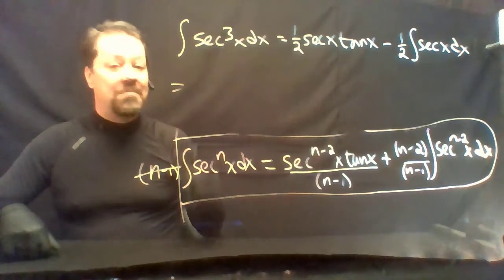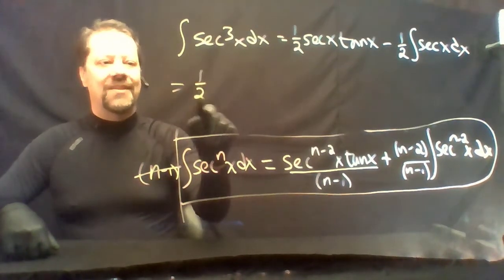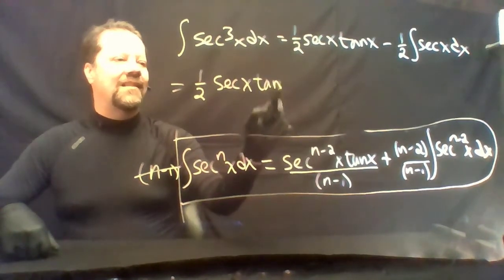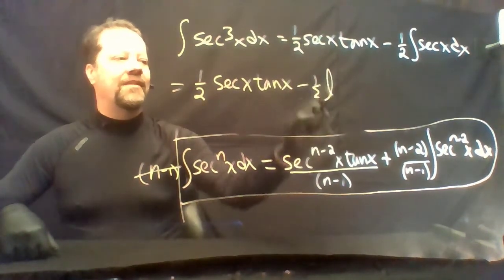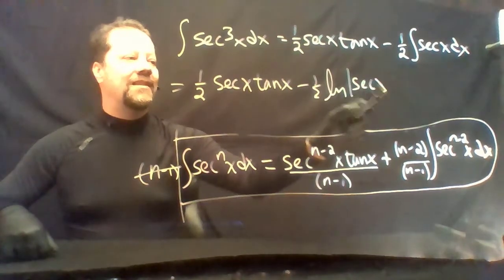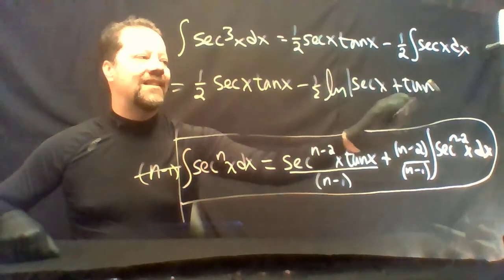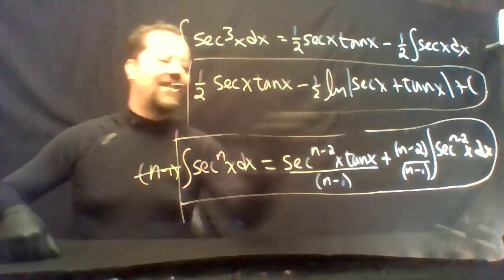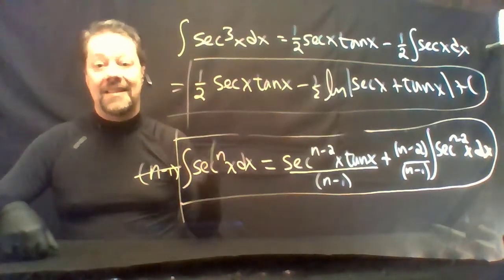We'll derive that, but first I'll just write down what the answer is. So we'll get 1/2 secant x tangent x minus 1/2 the log of the absolute value, secant x plus tangent x, plus c. I'll show you how to derive this again.